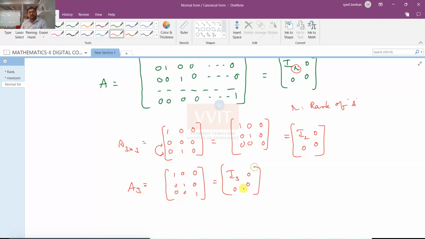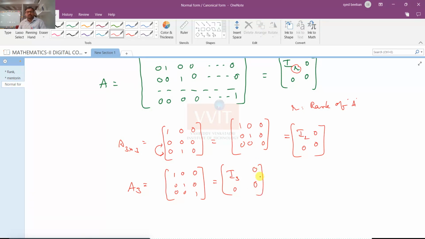It doesn't mean that if there are no zero rows you are not authorized. No, you are supposed to write this one here. Okay, so I3 0 0.